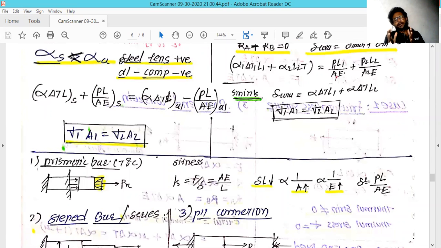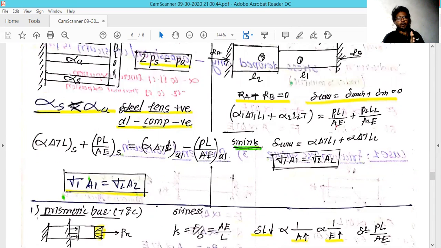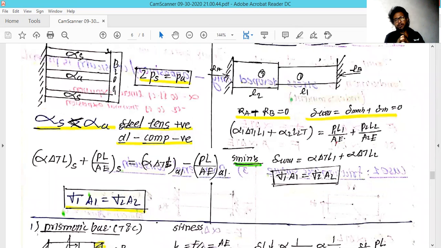And the total strain which is produced in these two rods, the amount of strain produced in the steel is equal to the amount produced in the aluminum. That is nothing but the total change in length in the steel rod equal to the change in length in the other rod. So how is this force going to be distributed?